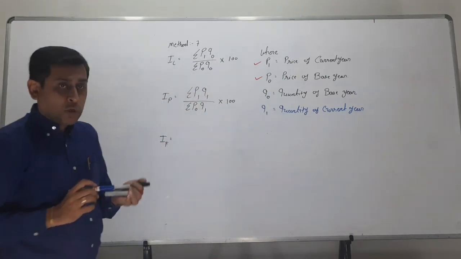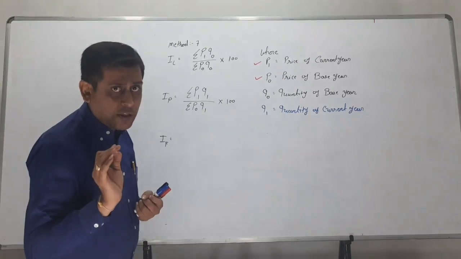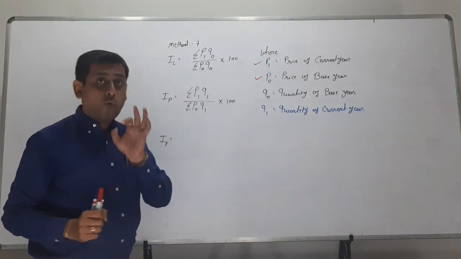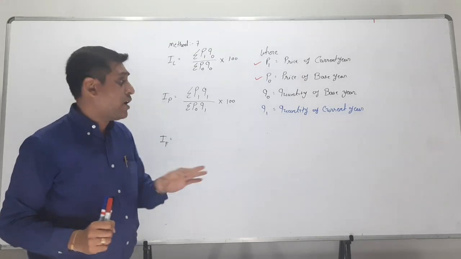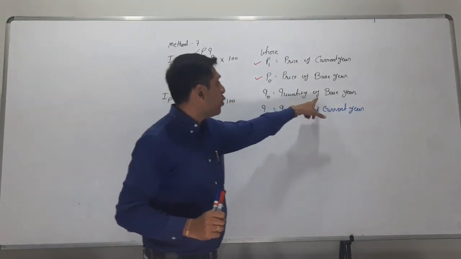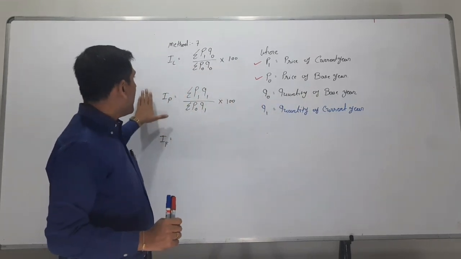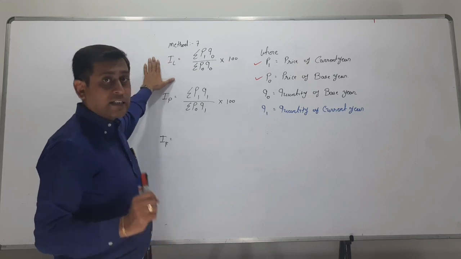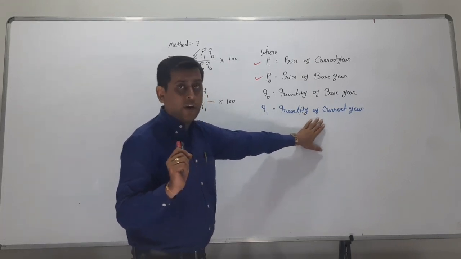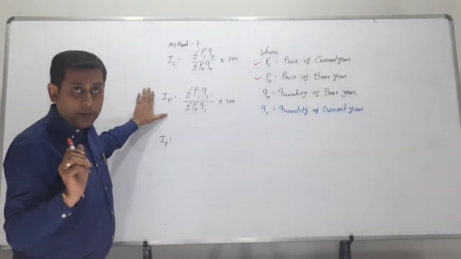You can identify that if it is not specifically given which formula we have to use. If the quantity of base year Q0 is given, then you write Laspeyres' formula. And if quantity of current year is given, then you have to write Paasche's formula.